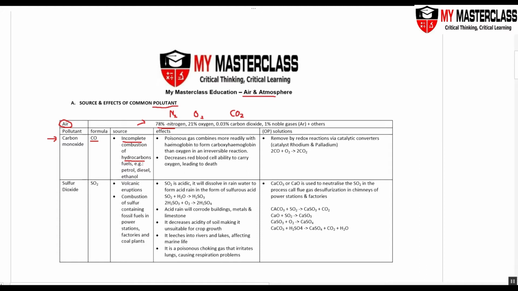The effect of carbon monoxide is that it is a poisonous gas. It combines more readily with hemoglobin to form carboxyhemoglobin. Hemoglobin is found inside your red blood cell and it is used to bind oxygen. But if there is carbon monoxide present, it will bind to carbon monoxide more readily instead.